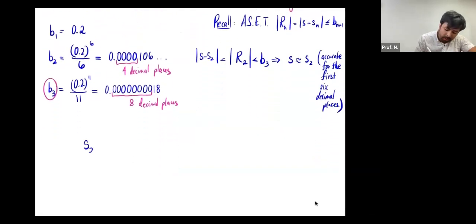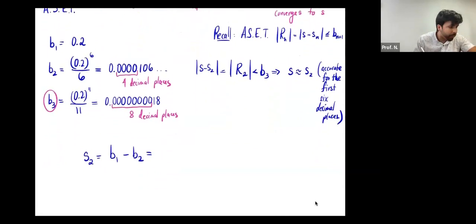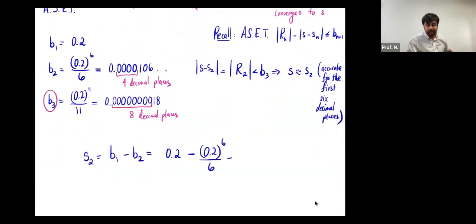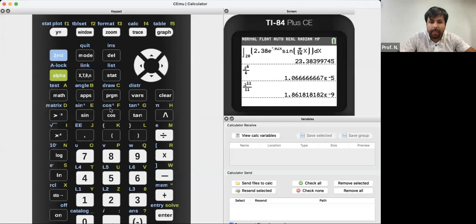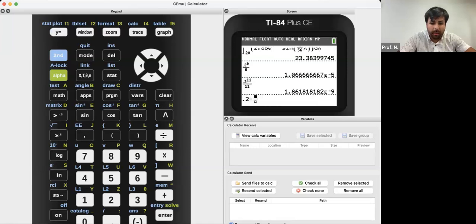So then what's S of 2? Well, S of 2 is b sub 1 minus b sub 2. What's b sub 1? It's 0.2. What's b sub 2? It's 0.2 to the 6 over 6. So when you put it in your calculator, I compute 0.2, and then subtract the fraction 0.2 to the 6 over 6.